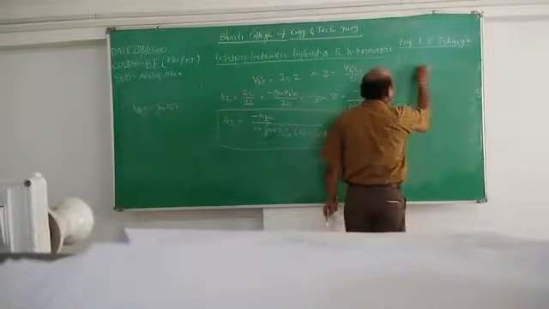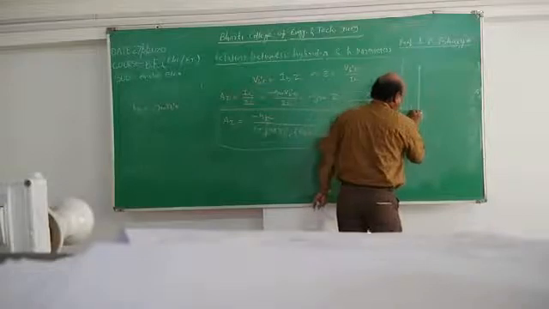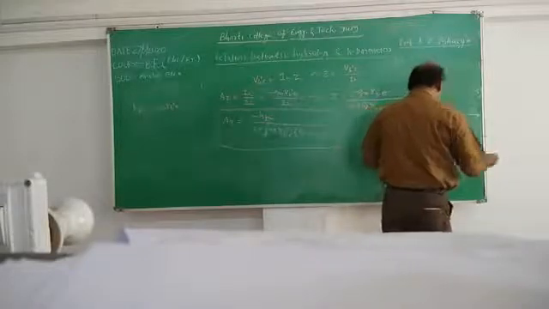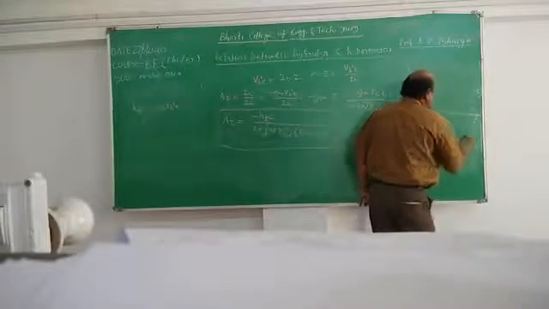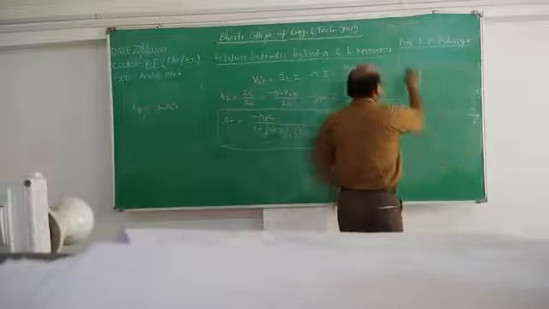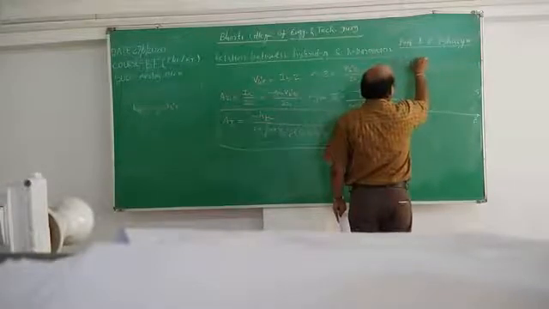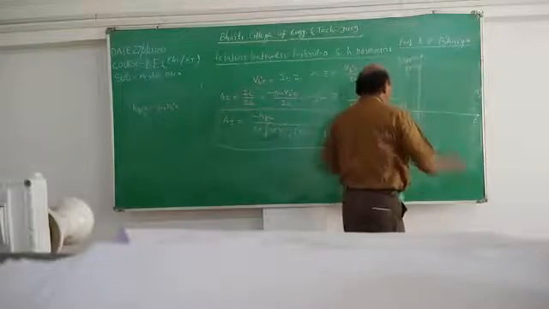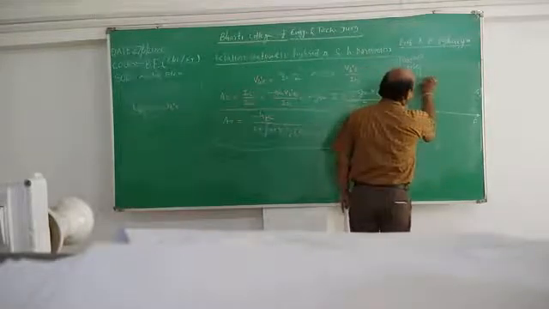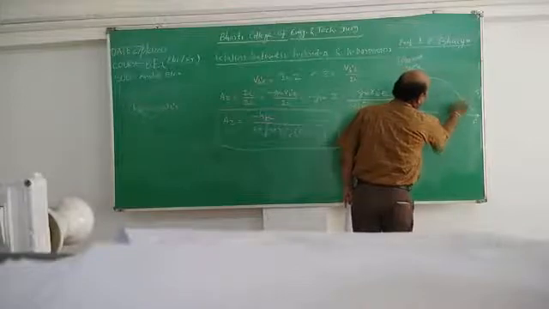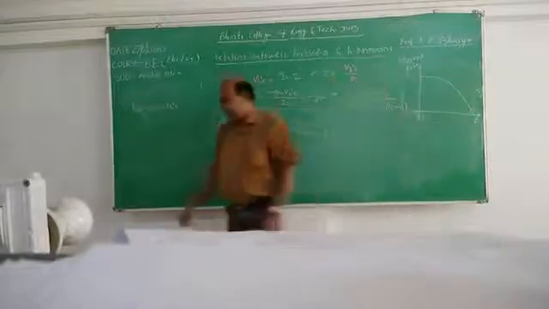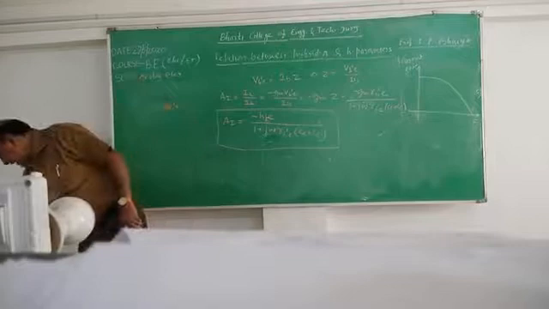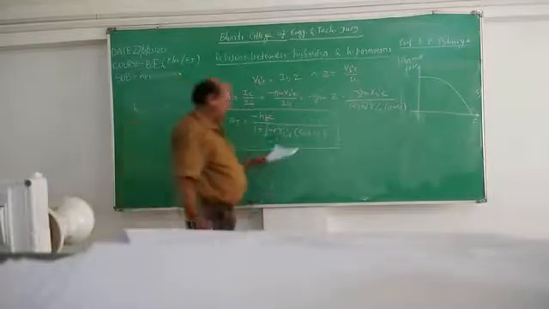This is the frequency axis, and this is the current gain, Ai. You will get these characteristics something like this.